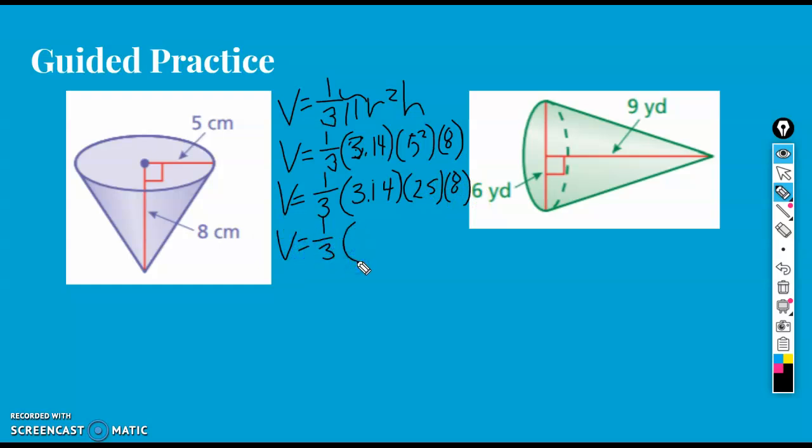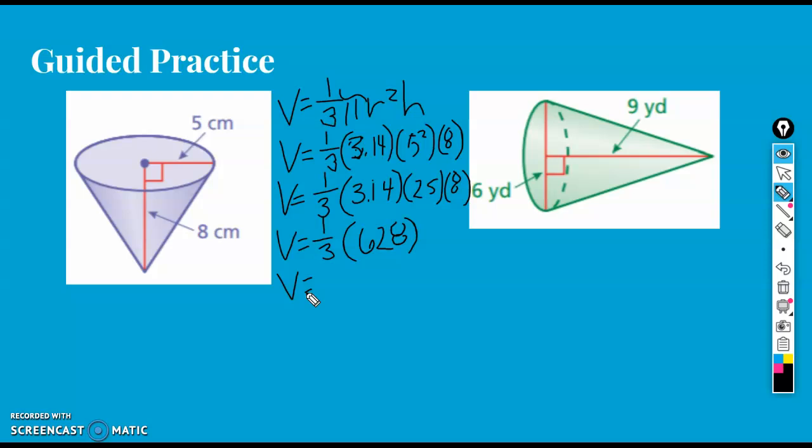So 3.14 times 25 times 8 gives us 628. Remember, multiplying by 1/3 is the same as dividing by 3.